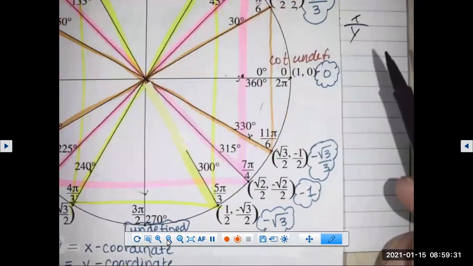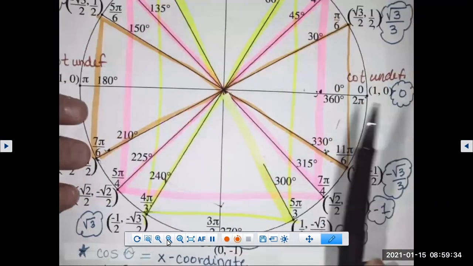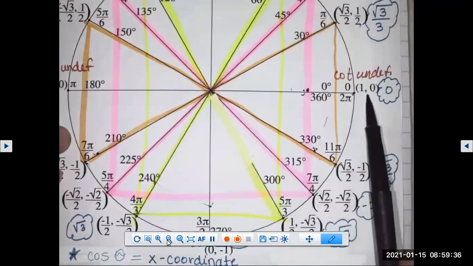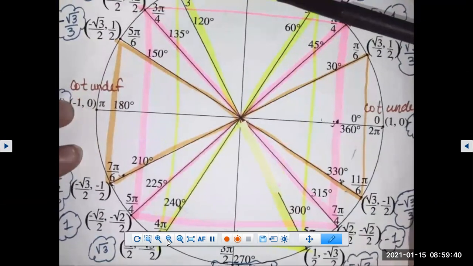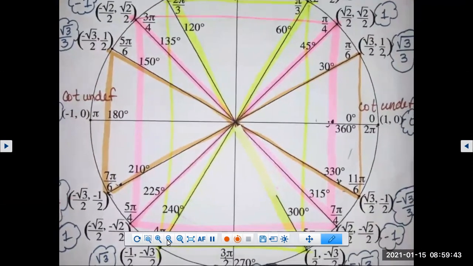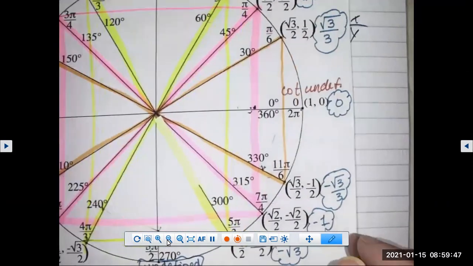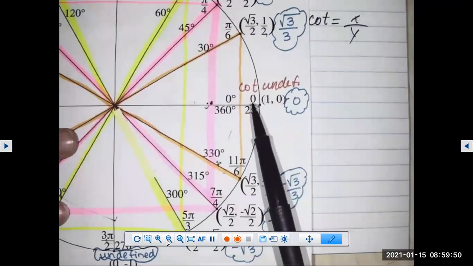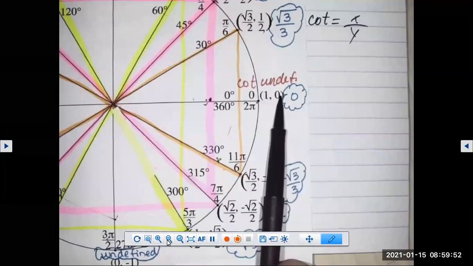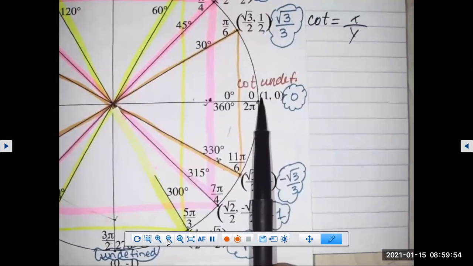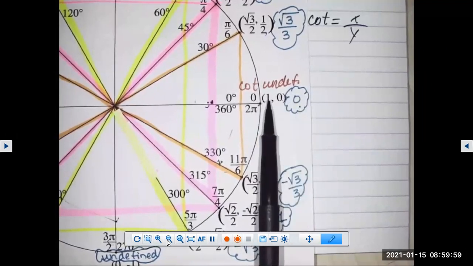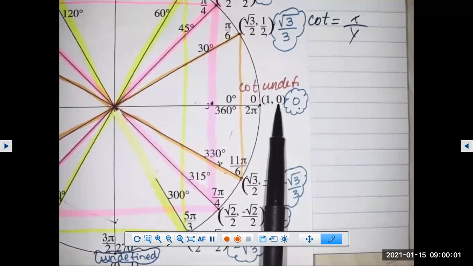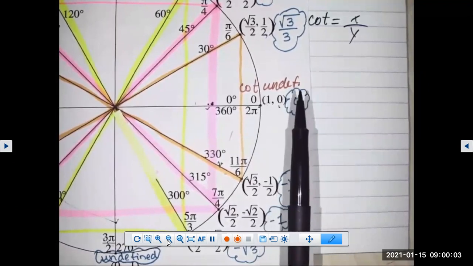All right, look at all of your quadrantal angles. You have 0 degrees and 360, which are the same, they have the same ordered pair. 90 degrees at the top, 270 at the bottom, 180 out to the left. If we look at this angle, tangent is y over x, so 0 over 1 will give you 0. But if you're finding the cotangent and reversing that, you've got 1 divided by 0, and you can't have 0 on the bottom, it's undefined.